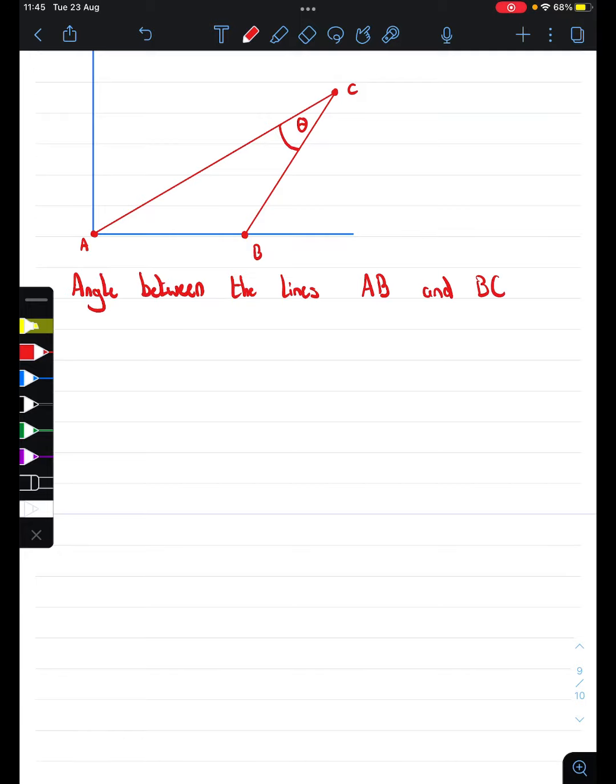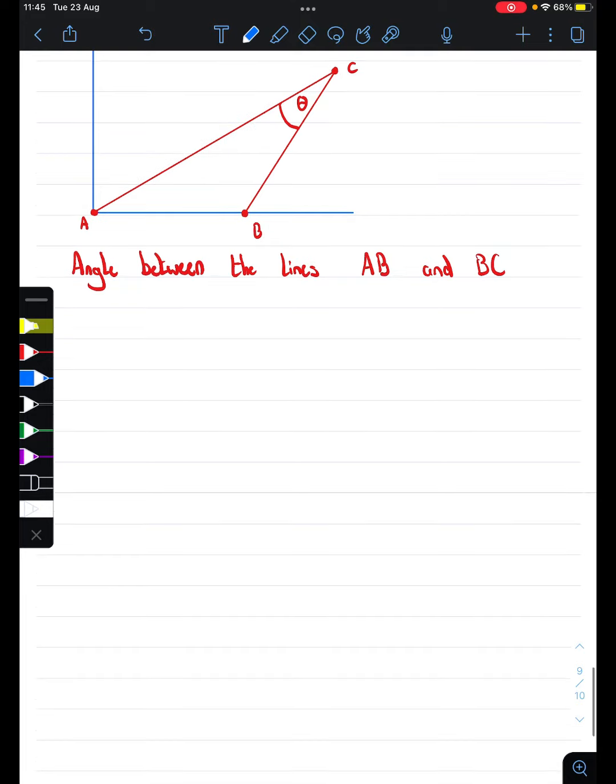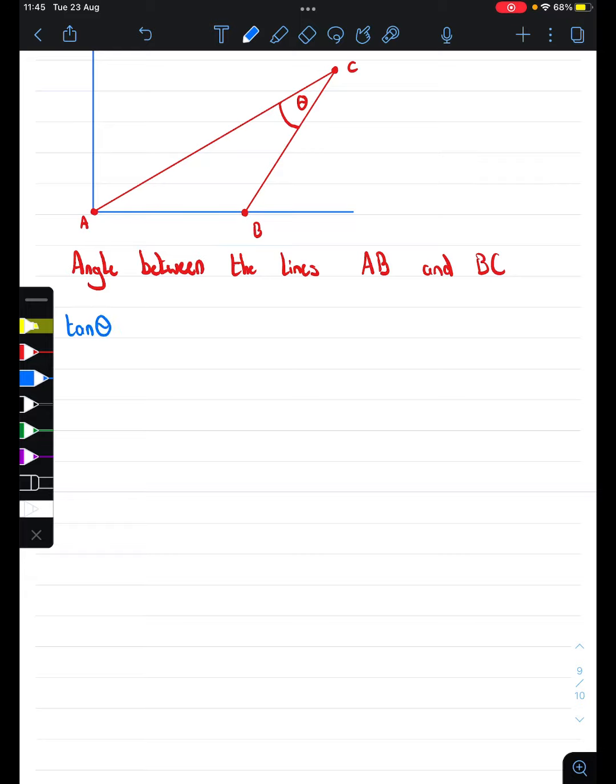And so we have this formula for the angle between two lines of slopes, let's say MAB and MBC. So we have that tan of this angle is equal to plus minus, let's call this one of the slopes, MAC. This should be between the lines AC and BC, not AB.